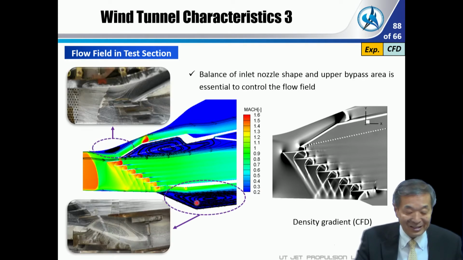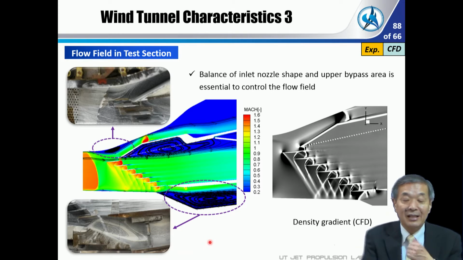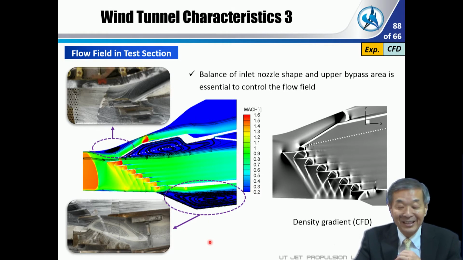And we compared it with the visualized view by the oil flow. So a similar flow field is obtained by the CFD simulation. So this is an effort to get a good flow field in the wind tunnel.